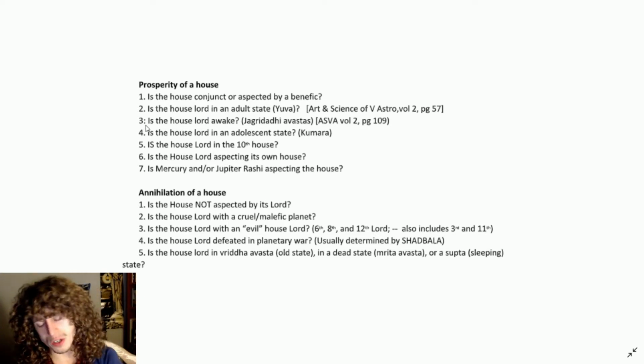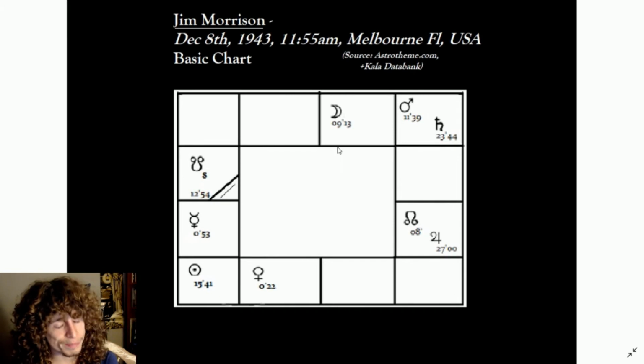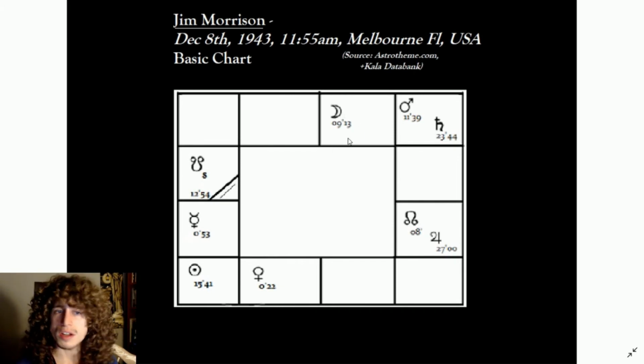So Westerners might not know that the strength of a house is not just about the planets in it. We also have to talk about the lord of the house. We can see in Jim Morrison's chart that since he's in Aquarius, Taurus rules the 4th house.